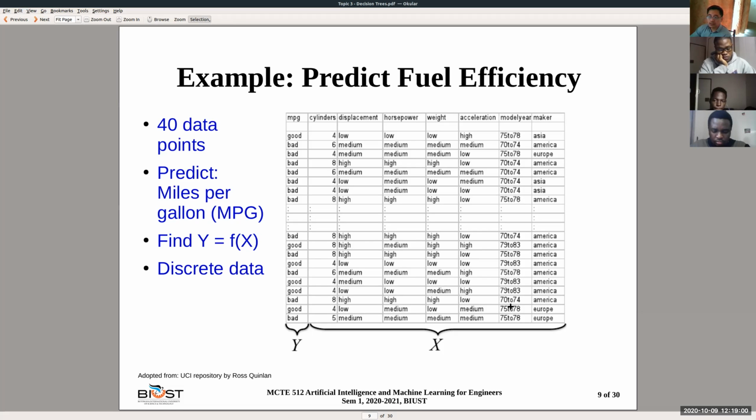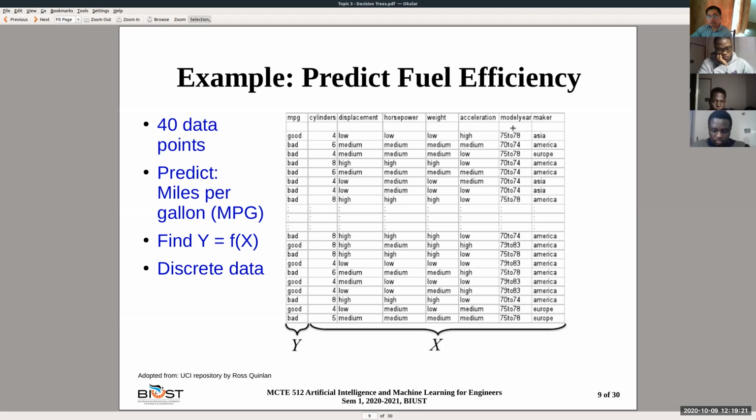Now, the problem that we are dealing with in decision trees is to come up with a function that will define the output good or bad given all the necessary inputs. So that's the idea.